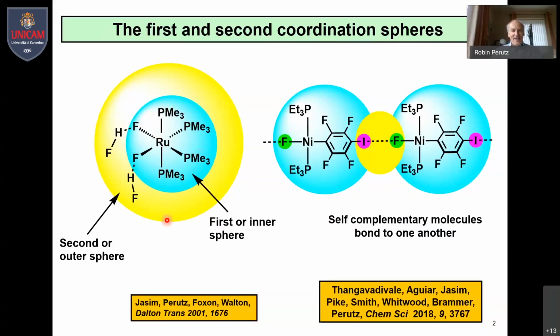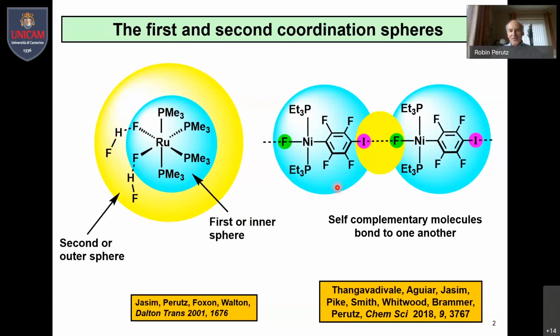And the yellow outside it is what we call the second coordination sphere or the outer sphere. And here I've drawn 2 hydrogen fluoride molecules, hydrogen bonded to the ruthenium fluorides. So in this sense, the HF is in the second coordination sphere.